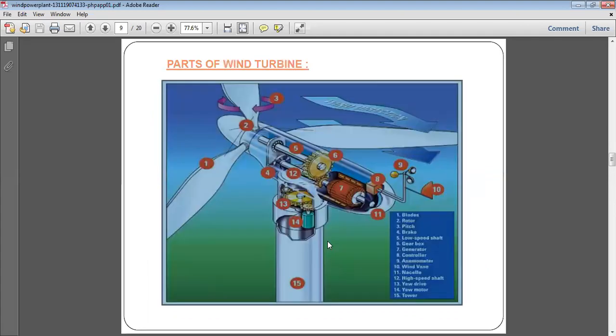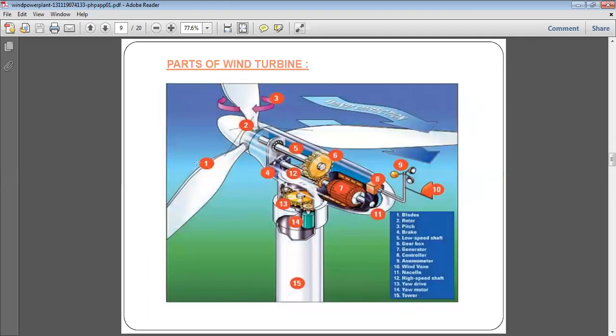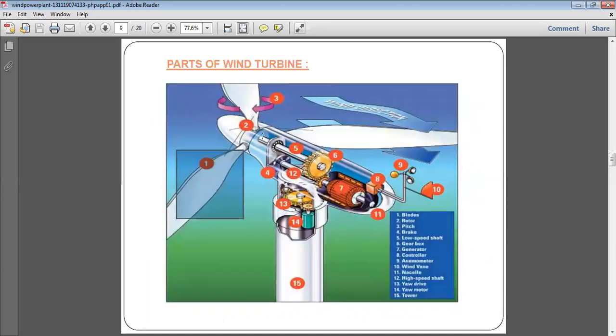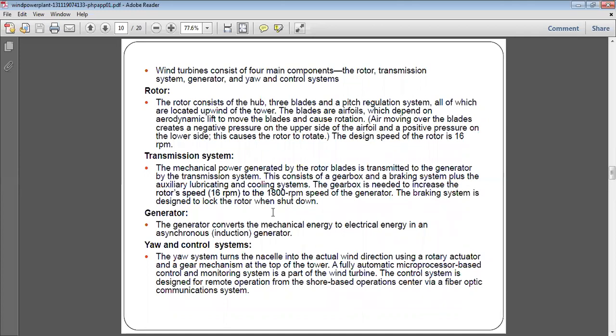We see the rotor here. It is the rotating element, consisting of a hub and 3 blades. So this is the hub and 3 blades, constituting a rotor in this case, and a pitch regulation system that regulates it.